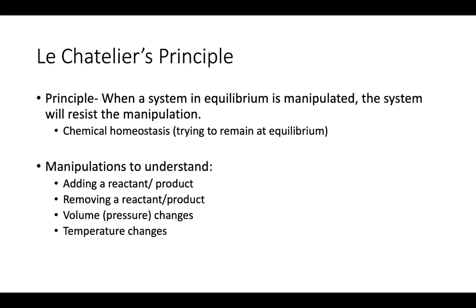If you have an exothermic reaction, heat is going to be written as a product. Once you write heat as a reactant or product, if you increase the temperature, it's like adding reactant or product. If you decrease the temperature, it's like removing reactant or product.